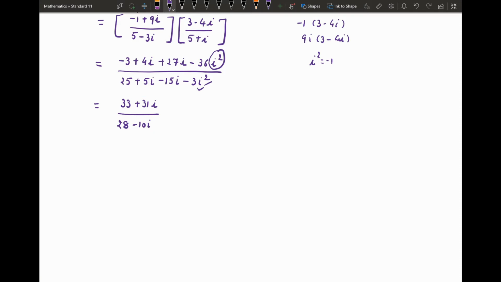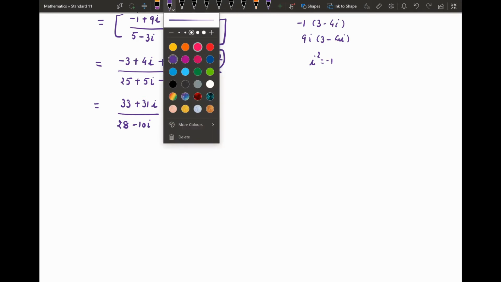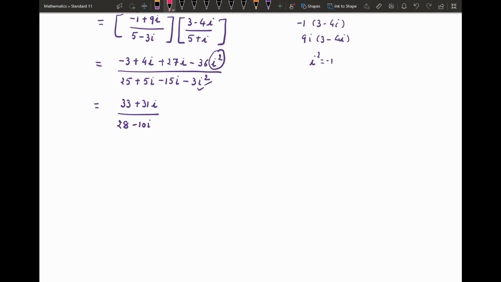So simplification is 33 plus 31i upon 28 minus 10i. Now we use conjugate of denominator to convert it into the standard form. So multiply numerator and denominator by conjugate of denominator, which is 28 plus 10i.